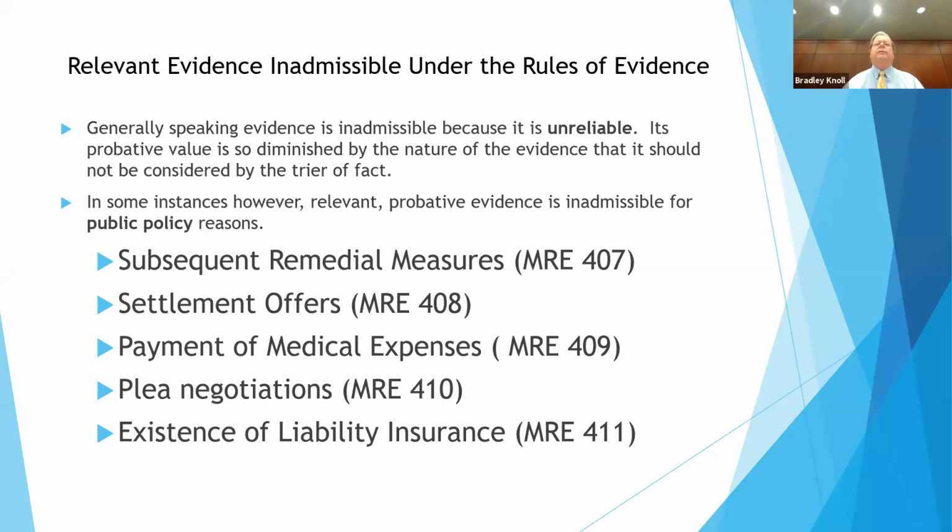At least they're not told that in the course of the trial. So again, relevant, probative evidence, inadmissible, not because it's not relevant, not because it's not probative, but because public policy says that there are greater concerns that supersede the use of that evidence in trial.